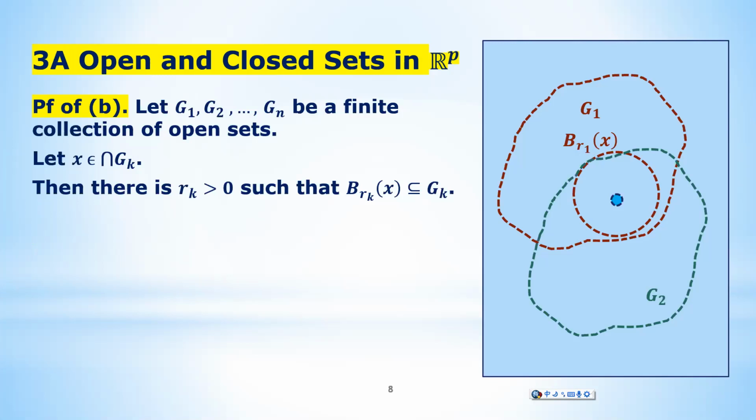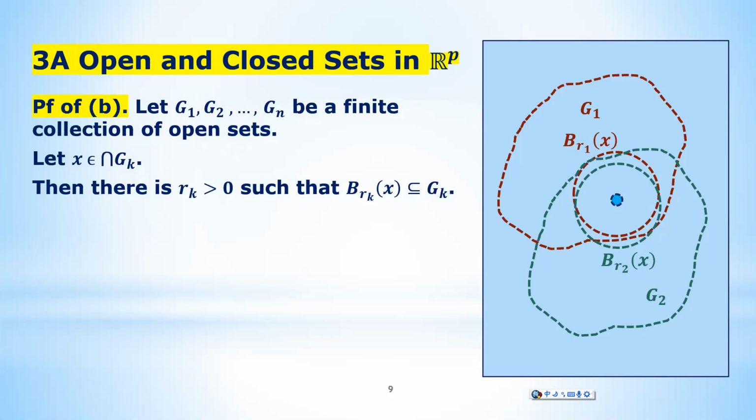But you know that G2 is an open set. So for G2, there is another ball surrounding the same point x, which is completely in G2, but not completely in G1, for the same reason. So for two sets, G1 and G2, this is what happens. When I pick a ball for each G, you are going to have a picture like this.